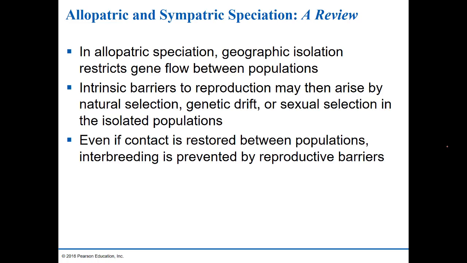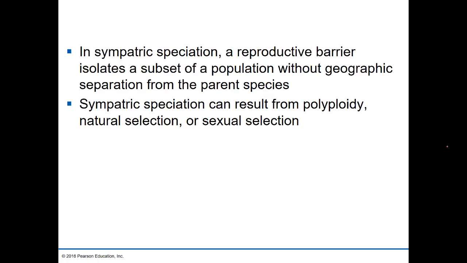Even if contact is restored between those populations, interbreeding is prevented by reproductive barriers. Even if that canyon closes back up again, those deer maybe aren't able to reproduce with one another because now there's some sort of physical, morphological barrier that prevents them from doing it.